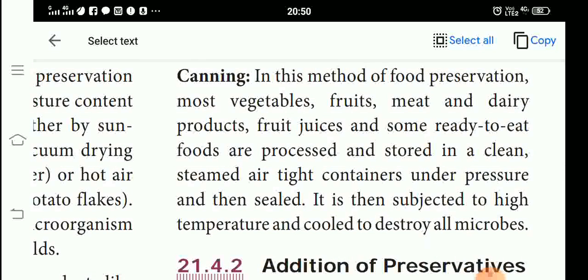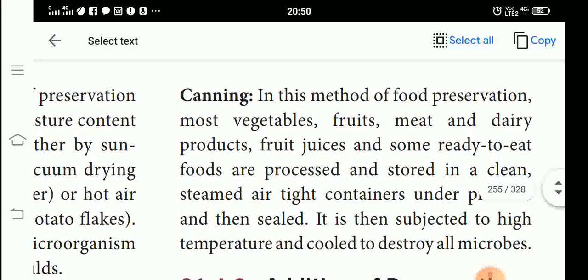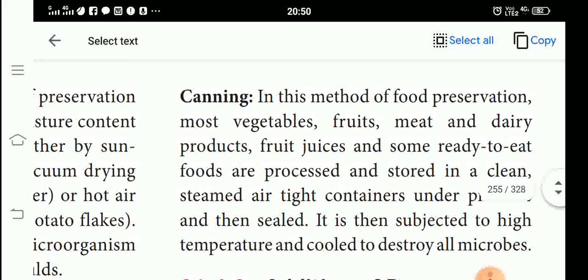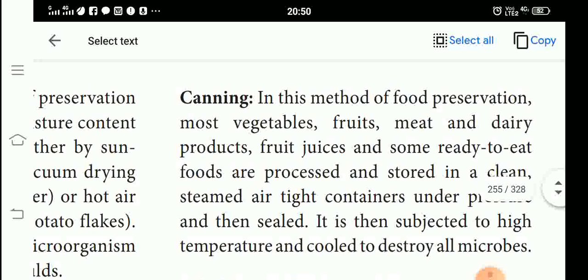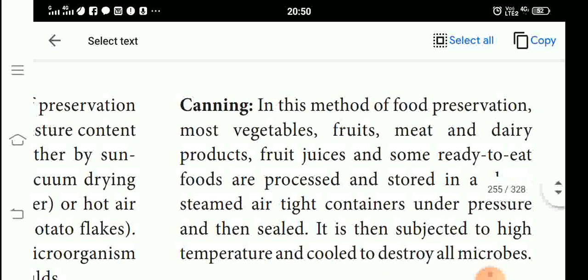These canned, tinned containers are subjected to high temperature and suddenly cooled. So all the microorganisms present in the canned food are destroyed.